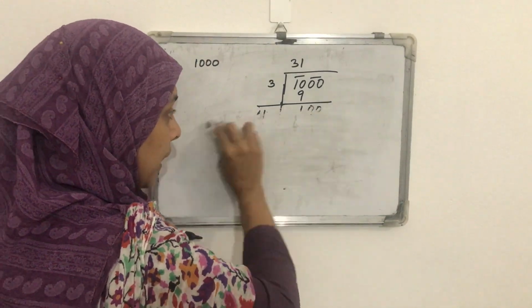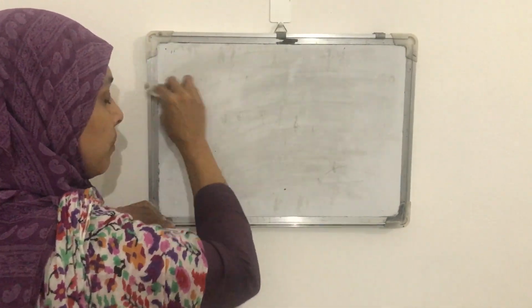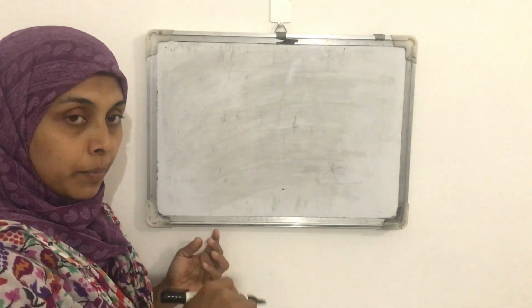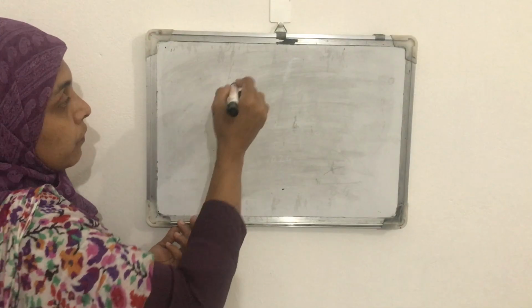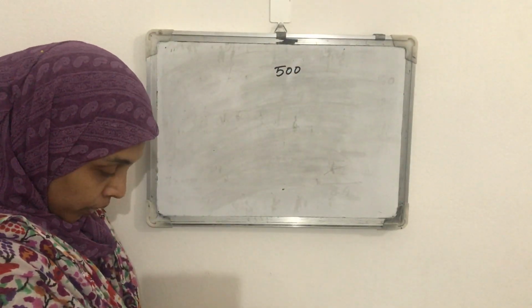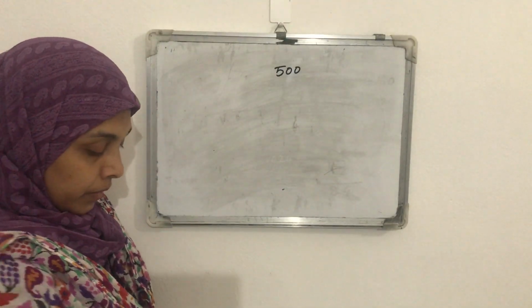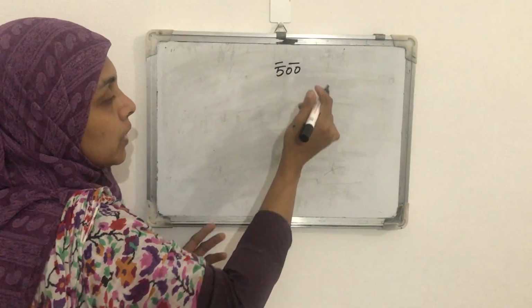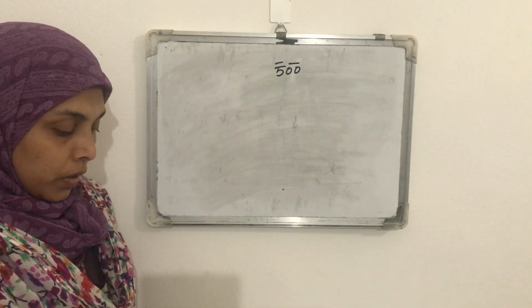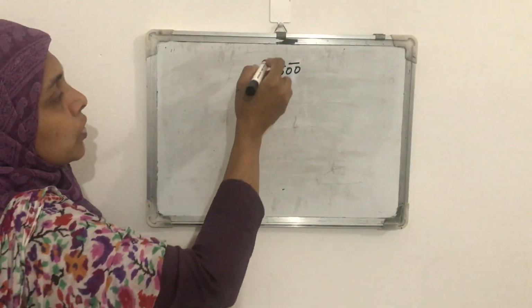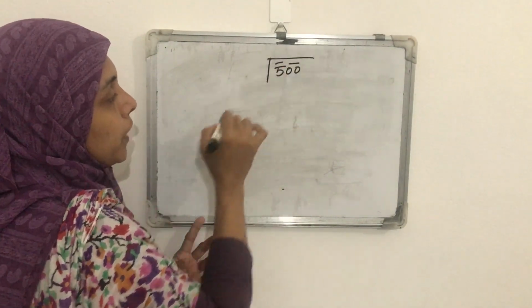In the same manner, if the number of rows and number of columns are equal, then some students will be left out. So for that first we are finding the square root of 500. We can find it in the long division method, otherwise we know which is the least perfect square just below this 500.